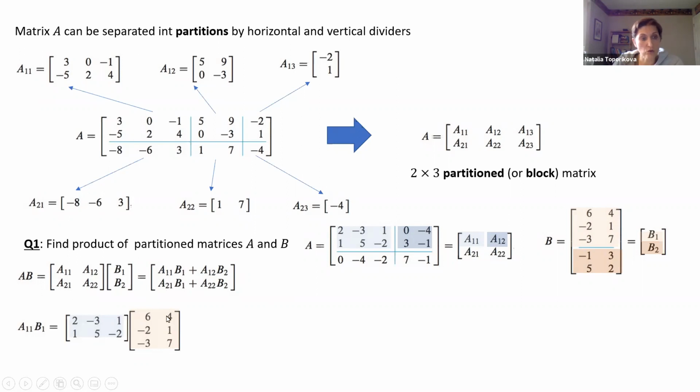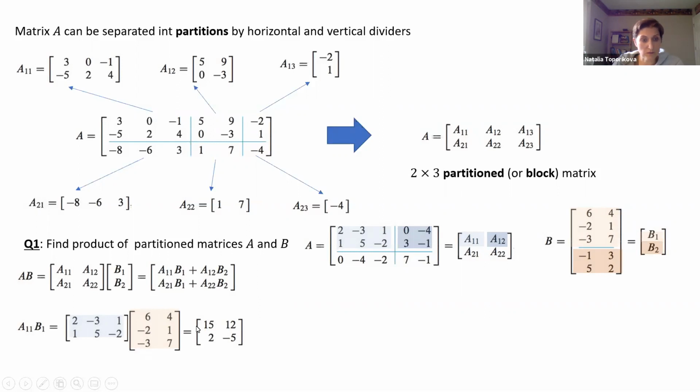We have 2 rows in the matrix A11, and we have 2 columns in the matrix B1. We have 3 columns in the matrix A11, and we have appropriately 3 rows in the matrix B1. Otherwise, we would say that our calculations won't be possible, and our sub-blocking wouldn't be right.